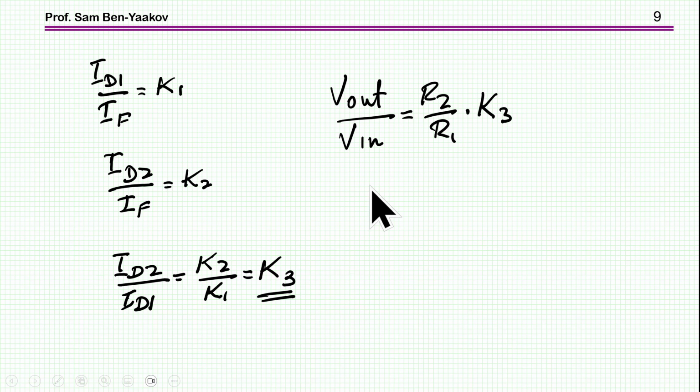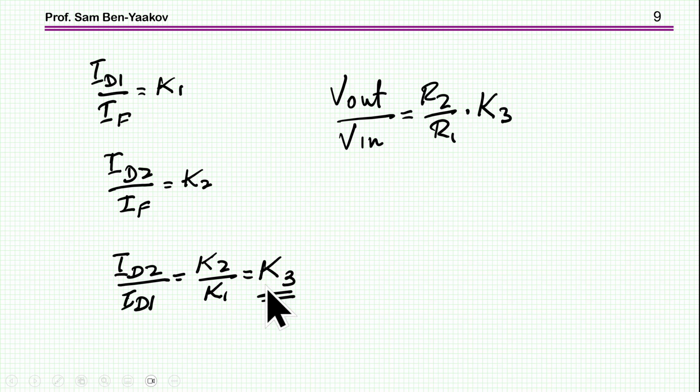Now, in reality, the ratio between the diode current and the current through the LED of the primary and secondary is not constant. There's a K1 and K2, and they are also temperature-dependent. But this is not that important. What is important is the ratio between K1 and K2, or K2 over K1, the ratio between the diodes. You'd like this to be 1, stable and temperature independent.